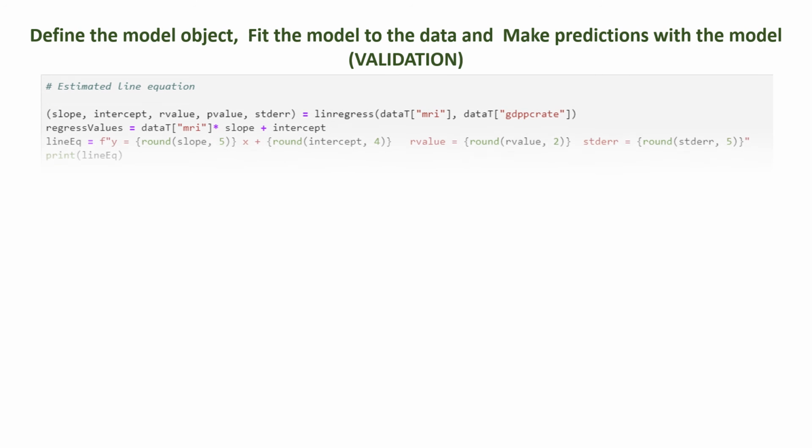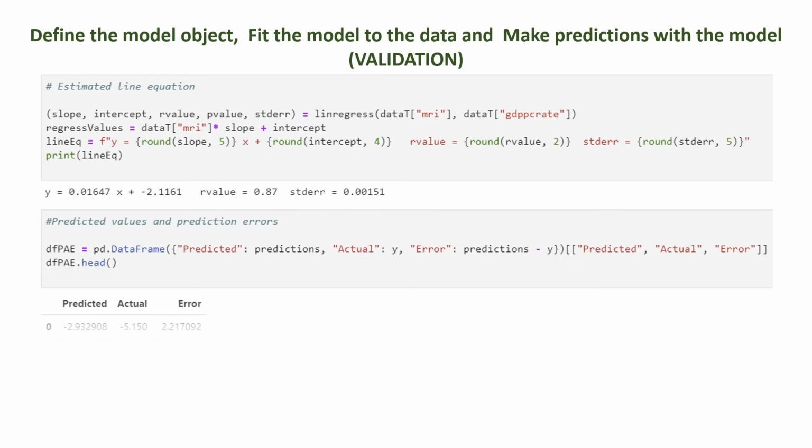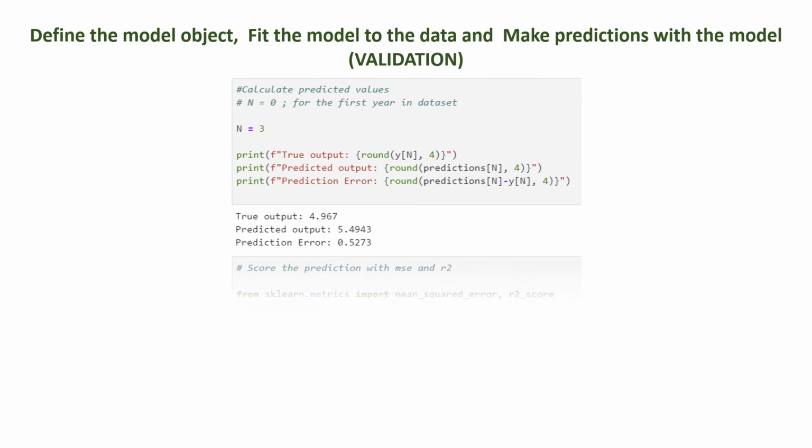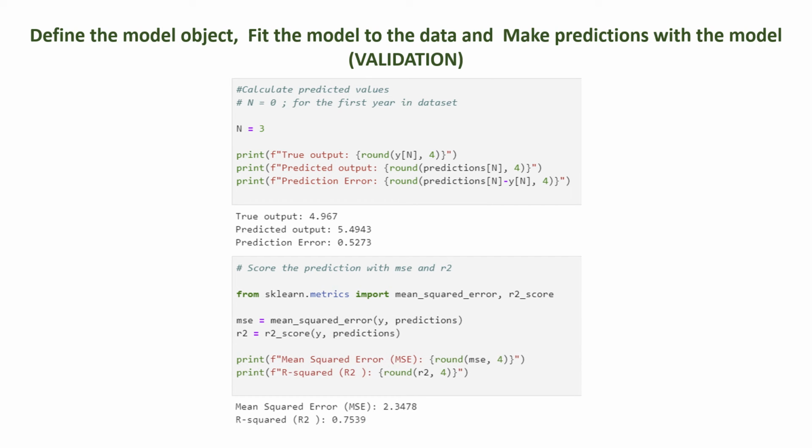Here is the estimated line equation and the errors of the predicted value. And here we can calculate the predicted value for a specific year in the data set and score the prediction with the MSE, mean square error, and the R squared.